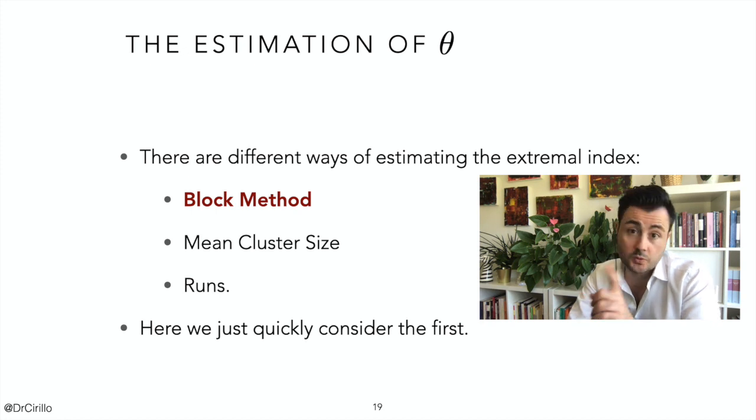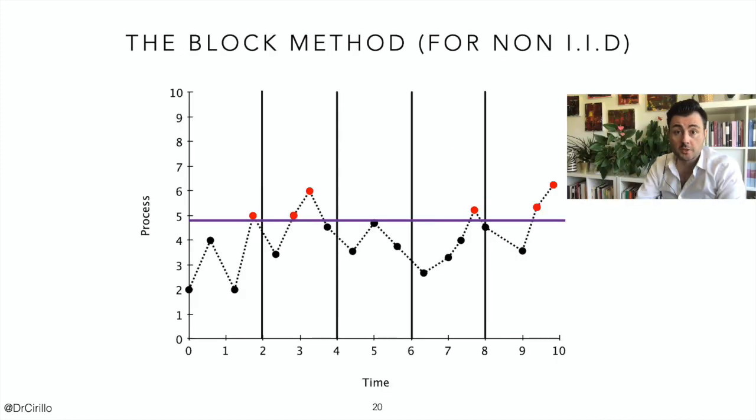Why? Because of the definitions. In the block method, the idea is to split the time series into blocks, possibly non-overlapping blocks, like in the block maxima approach, and then we will just pick the observations within the different blocks that lie above a given threshold.